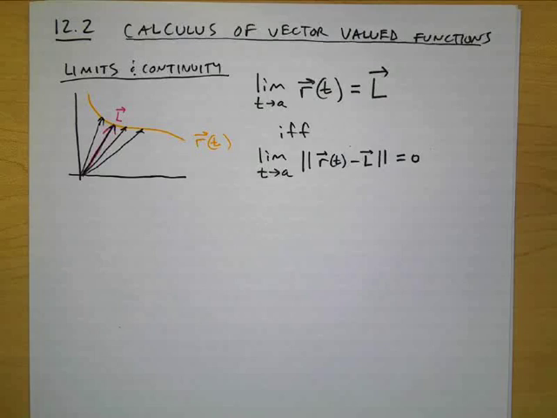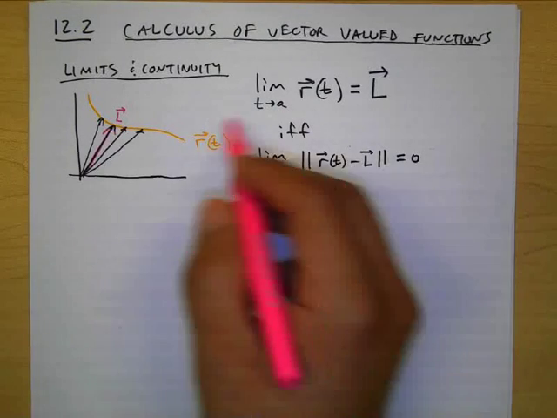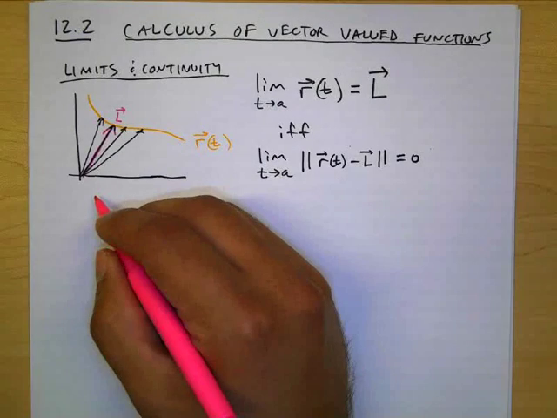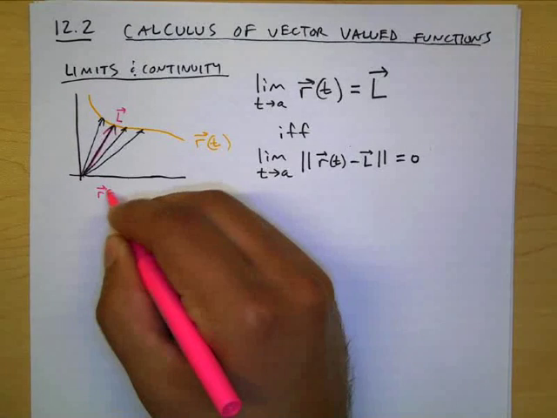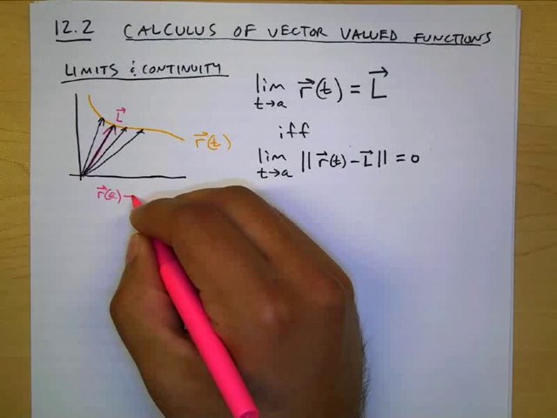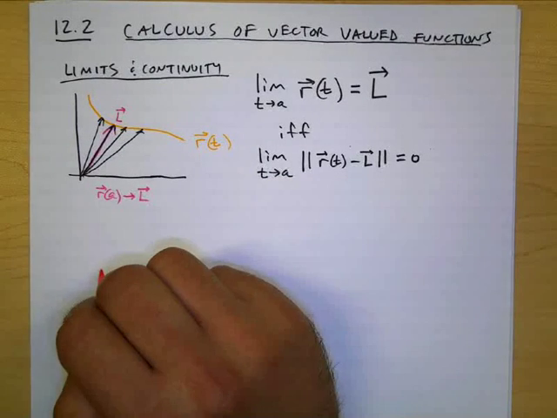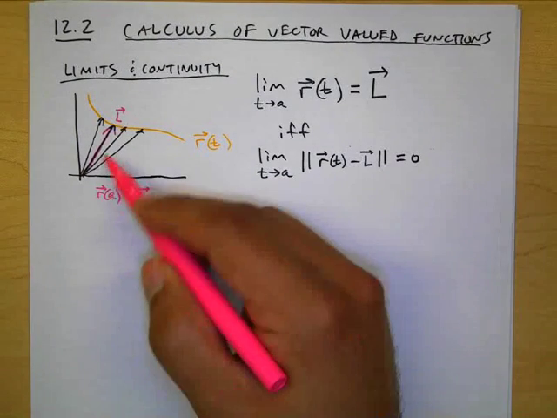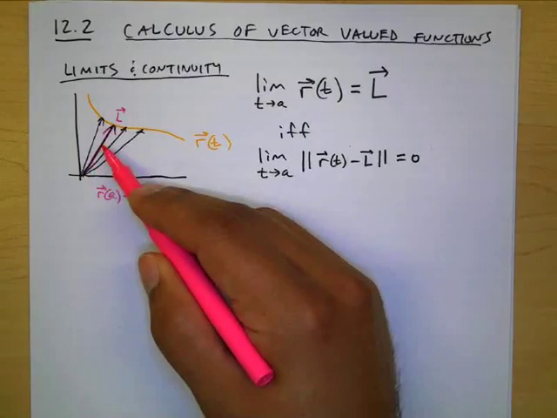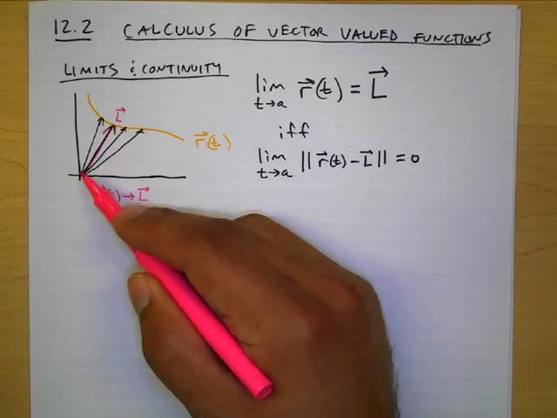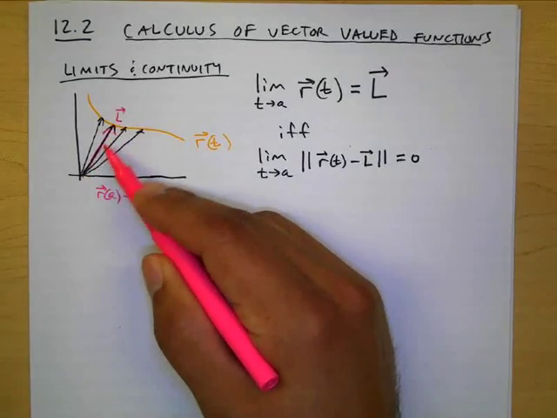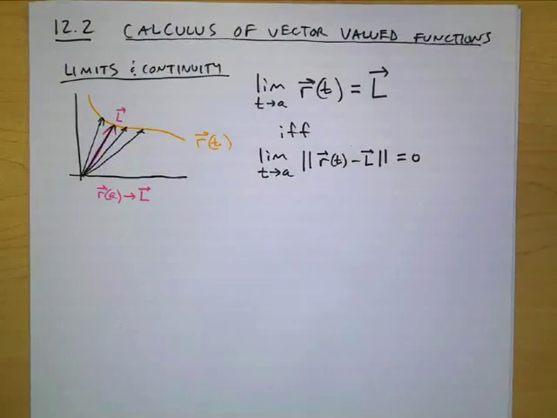It's a particular value, so r of t is approaching L as t approaches a. As we get closer to a for time, or whatever parameter we're using, it's going to produce this limiting vector L. So it's a specific time value.